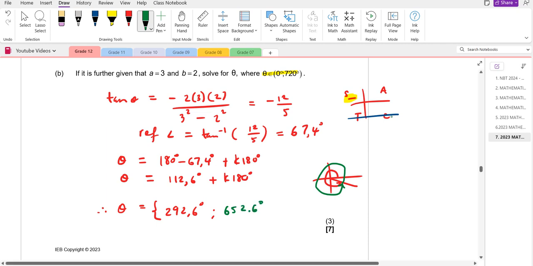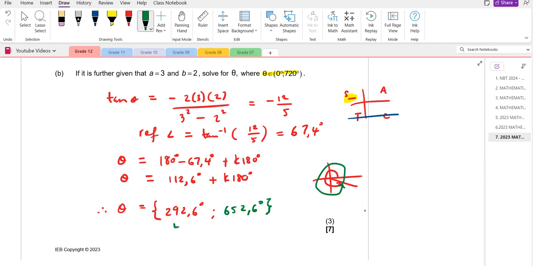Right, so those are my two answers. You can't give all the general solution because that does not work. It's going to give you different quadrants. We only want the fourth quadrant answers, okay? This is in the fourth quadrant and this is also in the fourth quadrant. Right, so I hope you guys understood that.